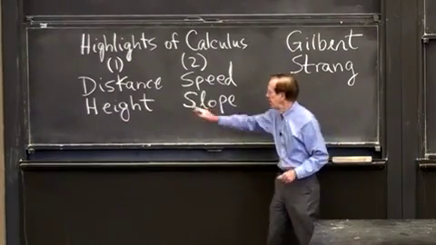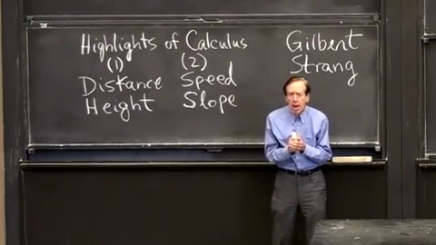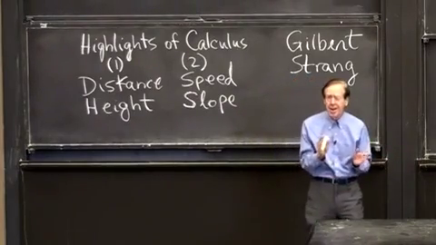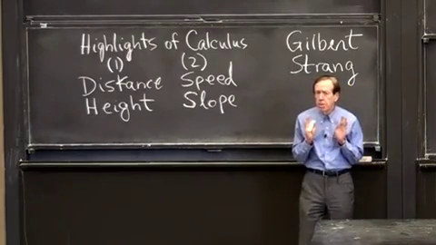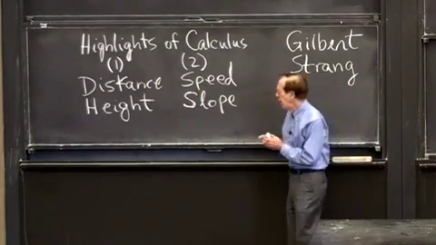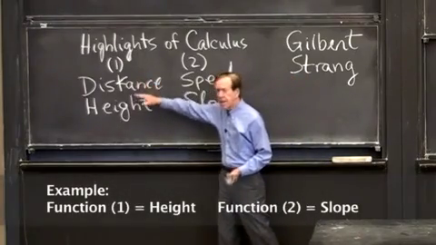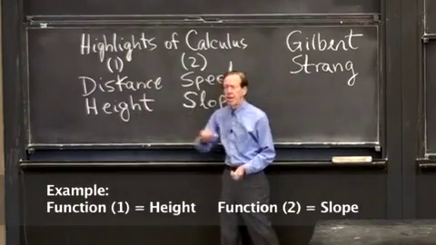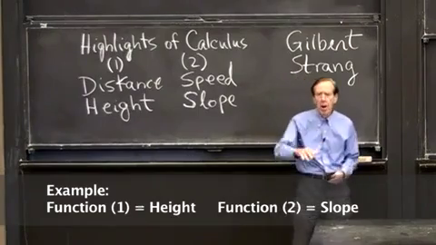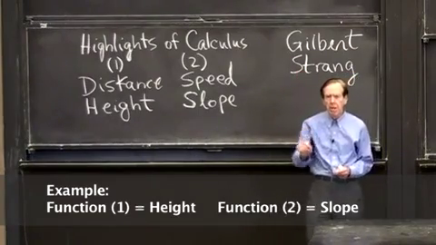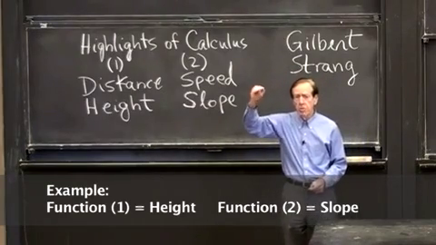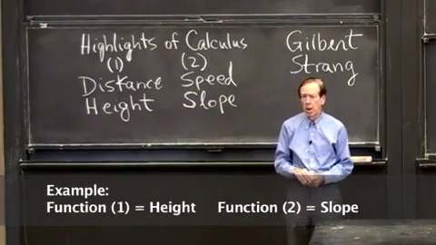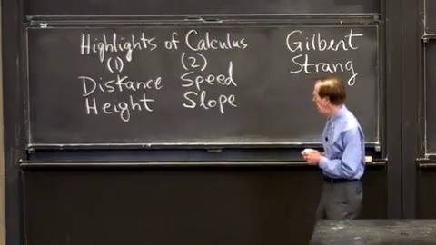Let me give another pair. I could give more and more, but I think if we get these two pairs, we can move forward. In this second pair, height is function 1. How high you've climbed, if it's a graph, how far the graph goes above the axis. Up, in other words.